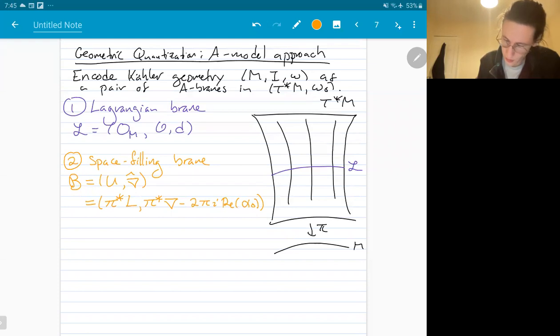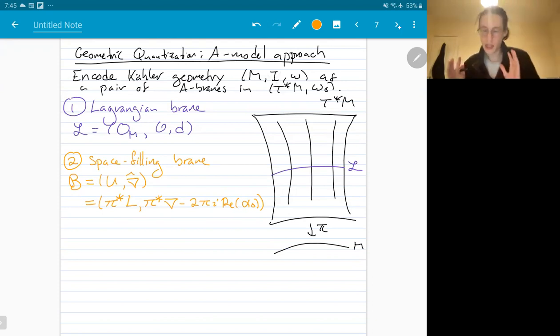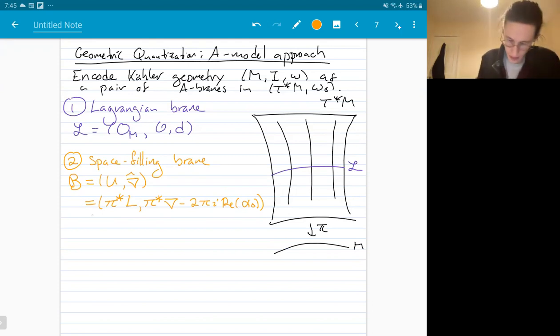The cotangent bundle, it's a real symplectic manifold with a symplectic structure. But the fact that M is actually complex means that the cotangent bundle can also be thought of as a holomorphic symplectic manifold. And so it has a holomorphic symplectic form.